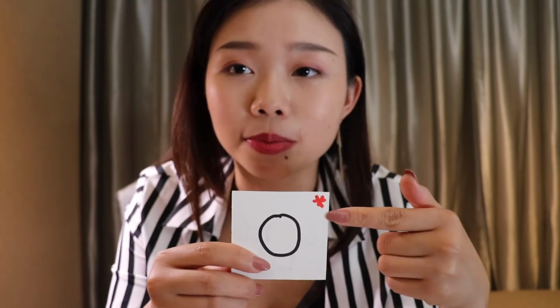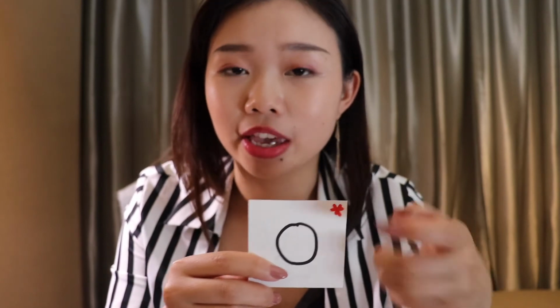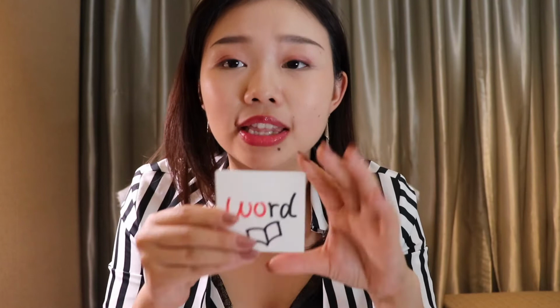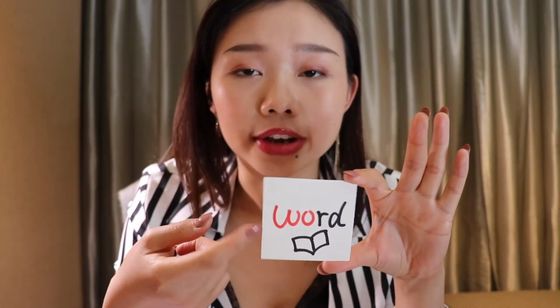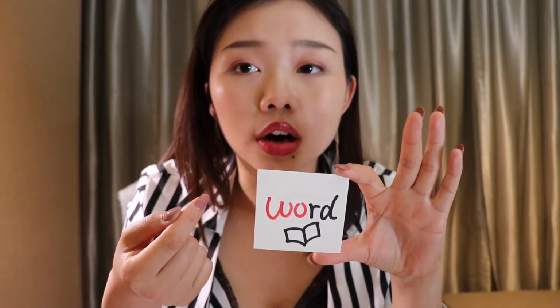I also marked a little star here because it sounds like not all, not all, but something in the middle. It sounds like what you have in this word, sound. Okay?